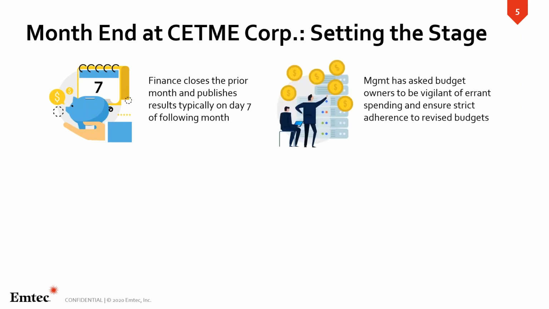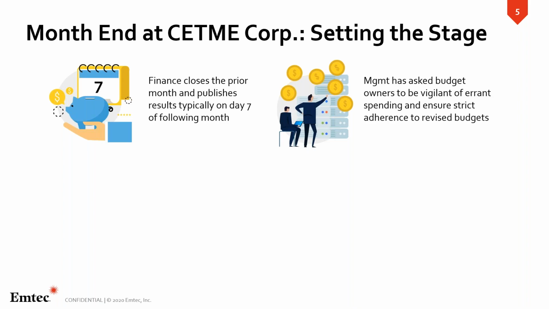And what my management has asked is that budget owners start to be vigilant of their spending and really ensure that the numbers that are committed to as part of a restructured budget are adhered to. I mean, it's no mystery that for a lot of companies, FY20 has really taken a hit, and a lot of people are scrapping their old budgets and coming up with new recovery or COVID budgets, or post-COVID budgets, I should say.